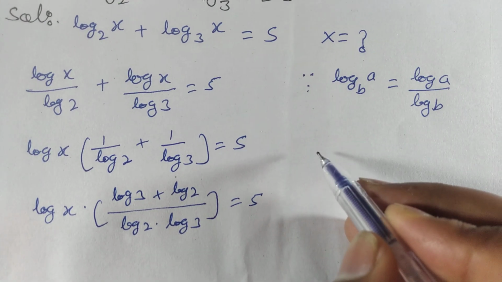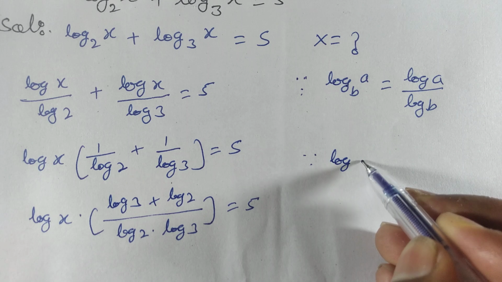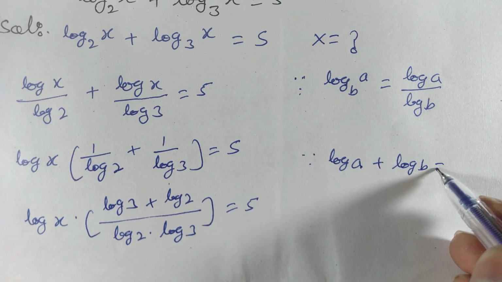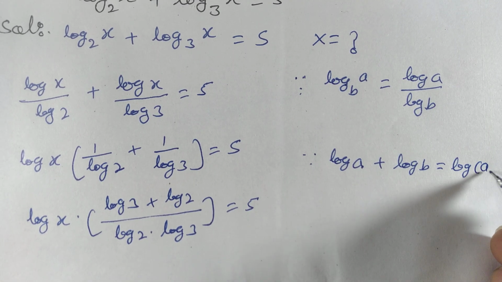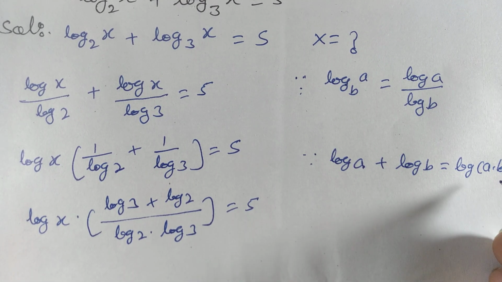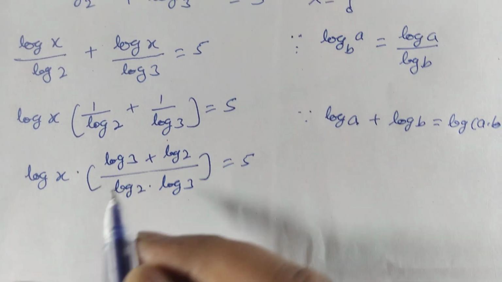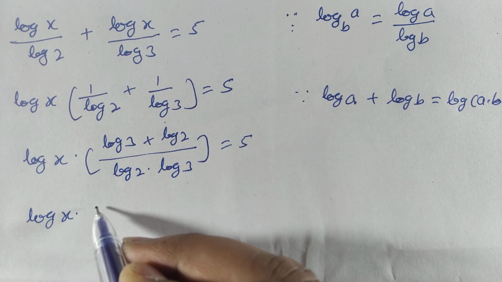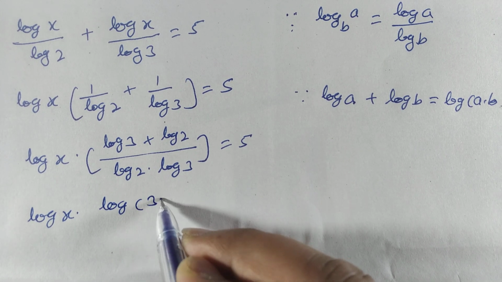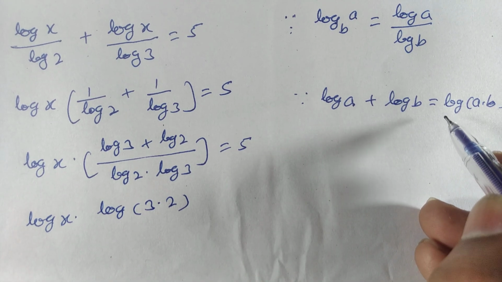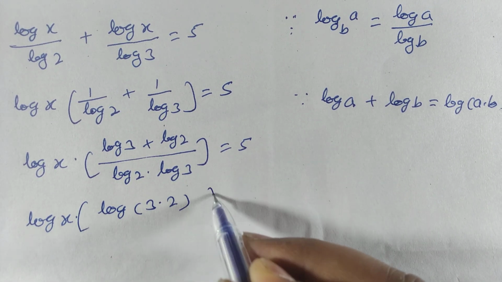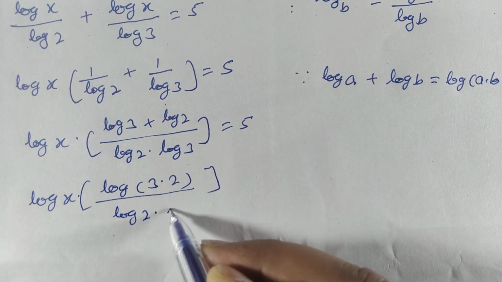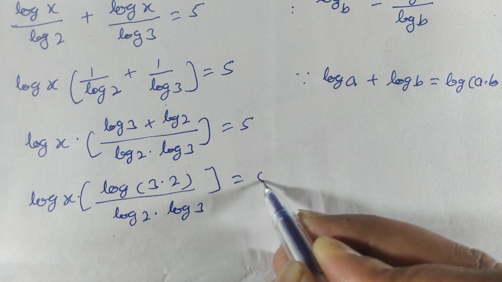We recall a rule: log a plus log b is equal to log a into b. Applying this in the numerator, log x times log 3 into 2, as per the rule, over log of 2 into log of 3 is equal to 5.